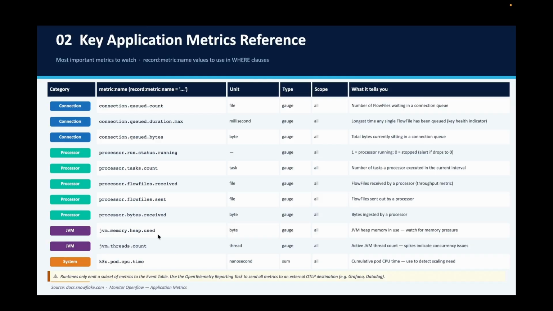You can also monitor heap used, thread count, or the pod CPU time, and the type of those metrics is gauge or sum, to monitor JVM heap size, active JVM thread count, or cumulative pod CPU time to detect scaling need. So these are some key application metrics that can be used for setting up observability for OpenFlow.